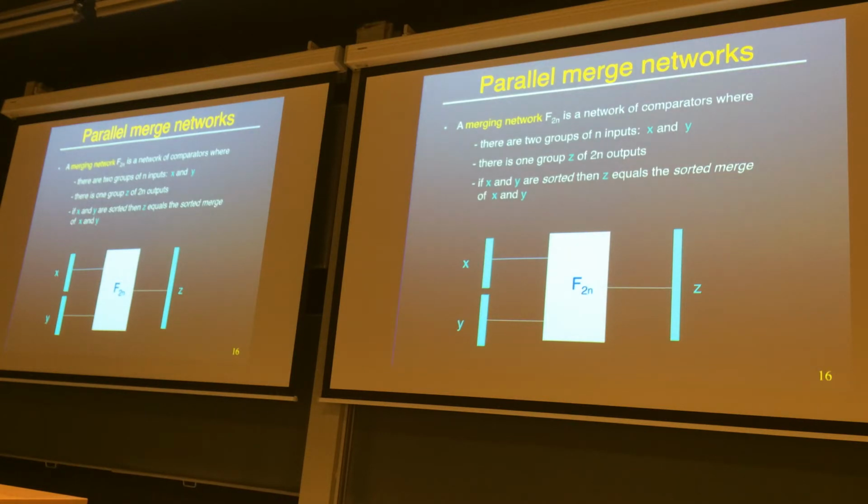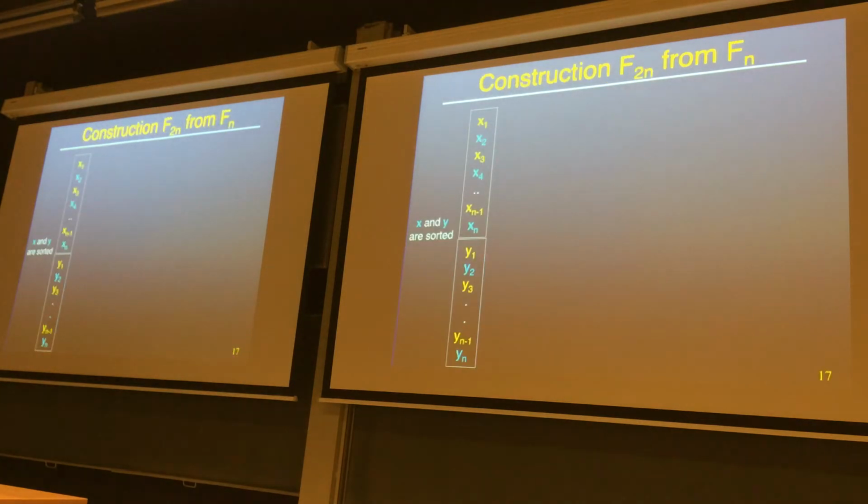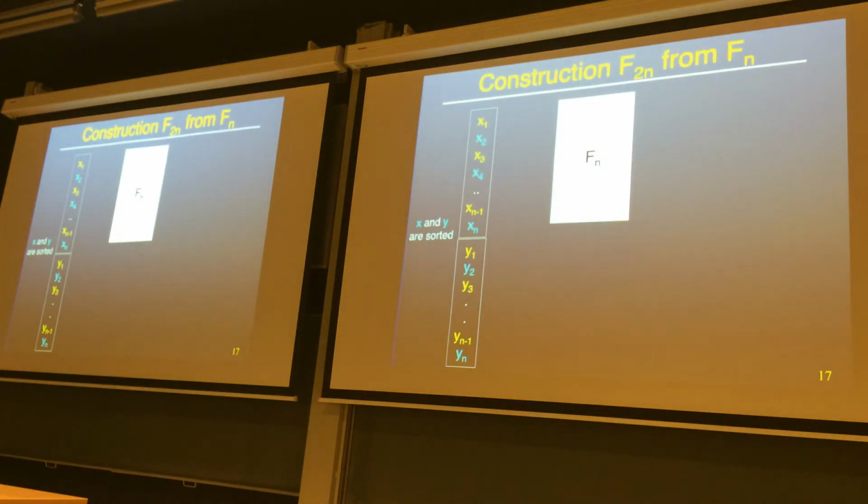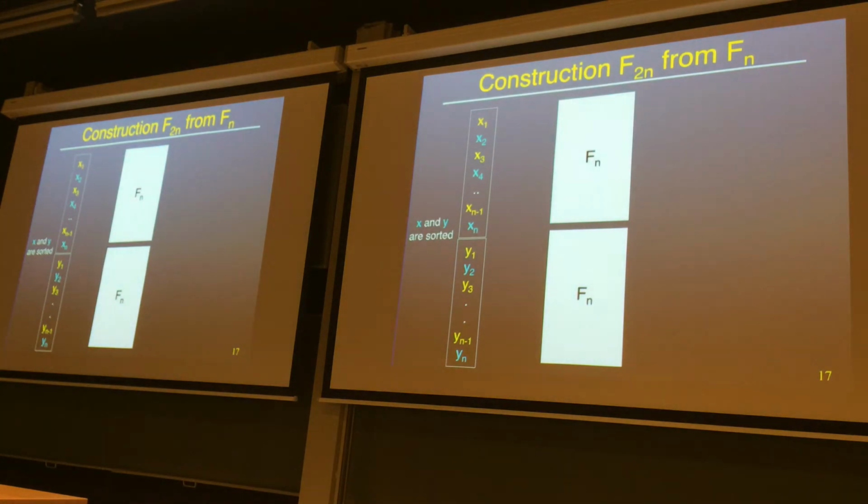Now we apply the same principle as before. We try to imagine that we know how, for example, an Fn network looks like, and we build from this assumption an F2n network. That's rather complicated in this case. So here I have n sorted inputs, x1 to xn, y1 to yn. Now I take two networks that are capable of dealing with n inputs, Fn and here another Fn.